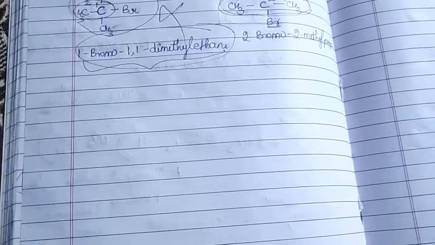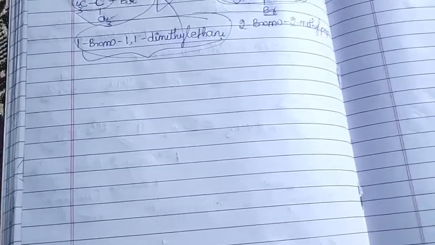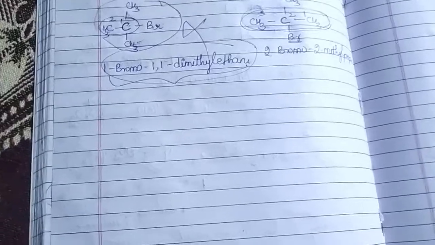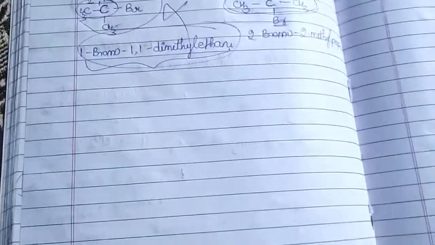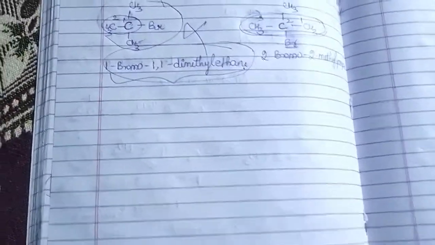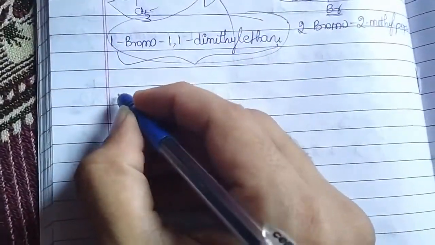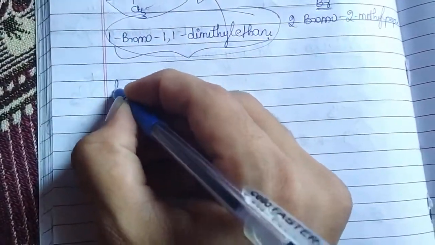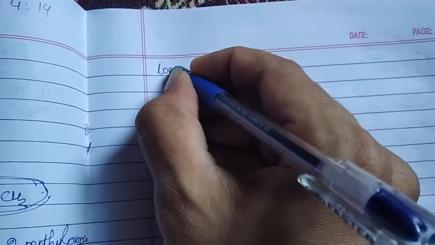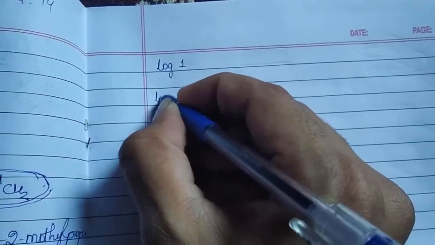Of course, you can ask me, sir, how to remember it? Because they are numbers, of course, it will be a difficult task for us. But don't worry, in this video, we'll make that impossible thing possible. So as I mentioned, first you have to remember the log values from log 1 to log 10. First, let me write it on a new page.